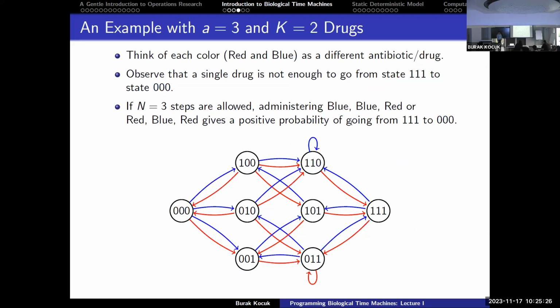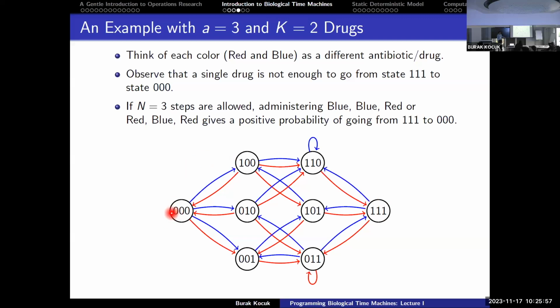Okay, here's a picture. Here we have 8 genotypes or 8 states, represented by these triples of zeros and ones, and you see 2 microchips, the blue and the red. If you look carefully, you will observe that using only the blue one, you cannot go from 111 to 000.